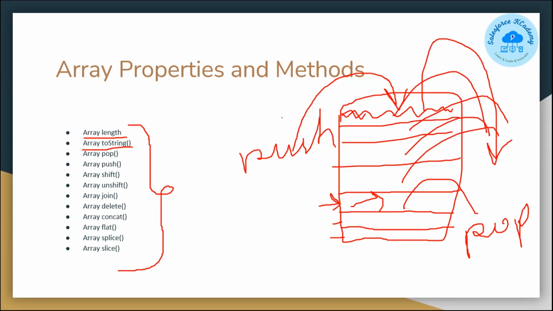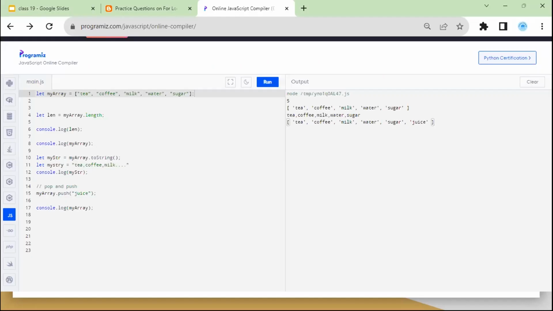So if you take our array now, the end is sugar. After this sugar, I have pushed juice, meaning I'm adding it to the end of the array. Instead of this, I can write it like this also: myArray[5] equals juice.